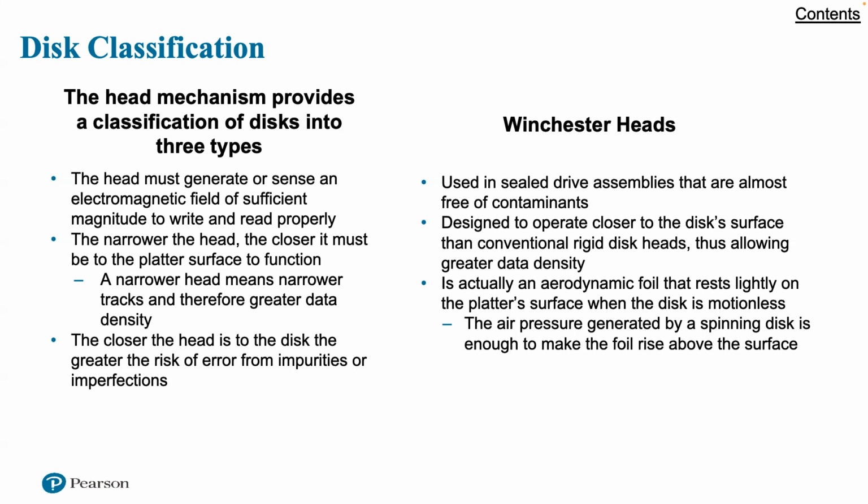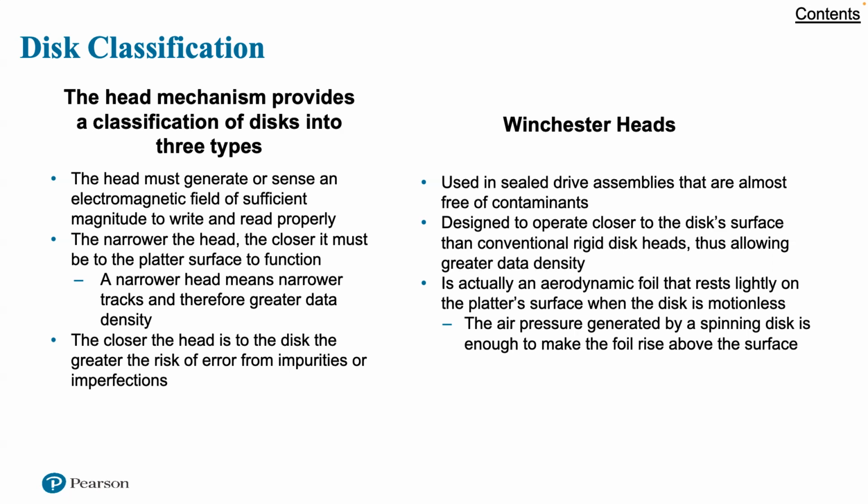To push the technology further, the Winchester disk was developed. Winchester heads are used in sealed drive assemblies that are almost free of contaminants. They are designed to operate closer to the disk surface than conventional rigid disk heads, thus allowing greater data density.